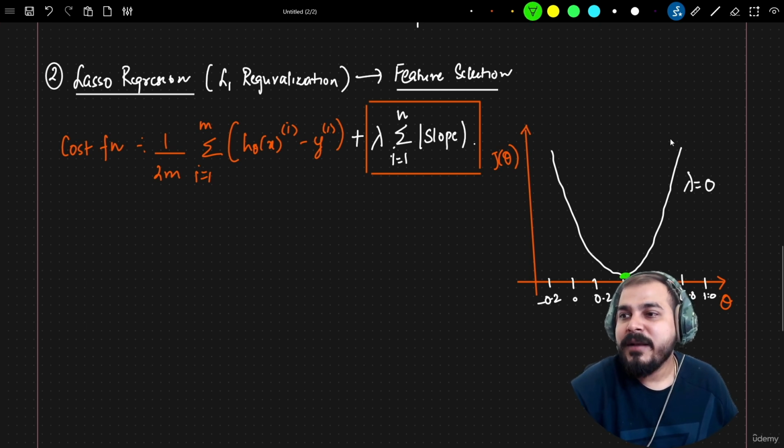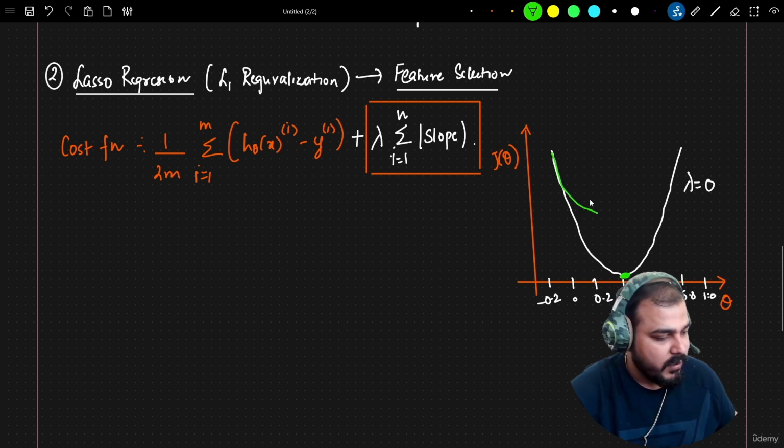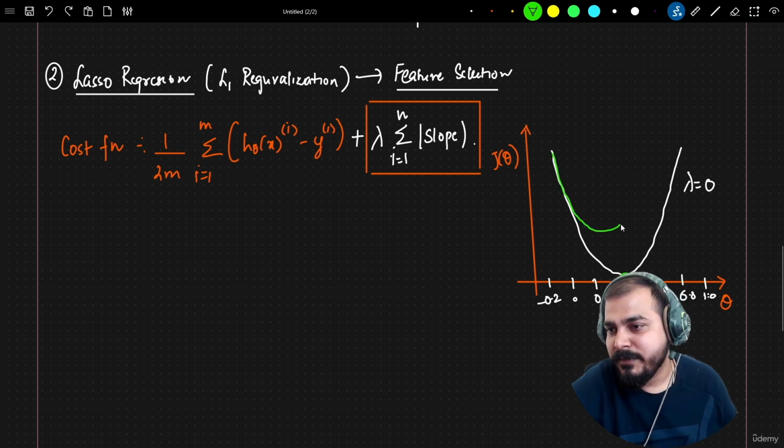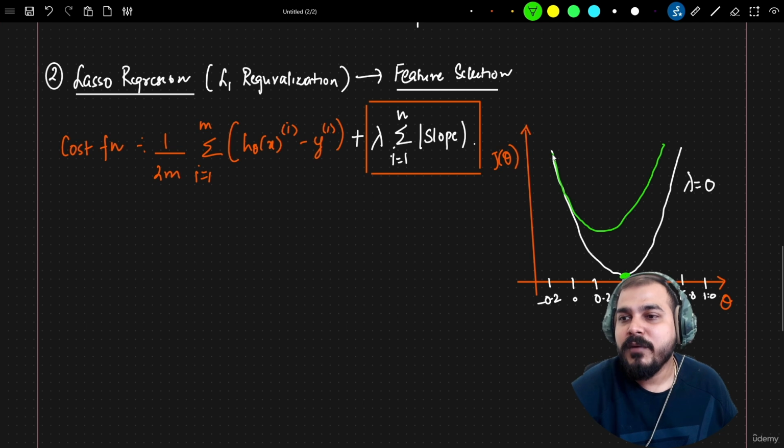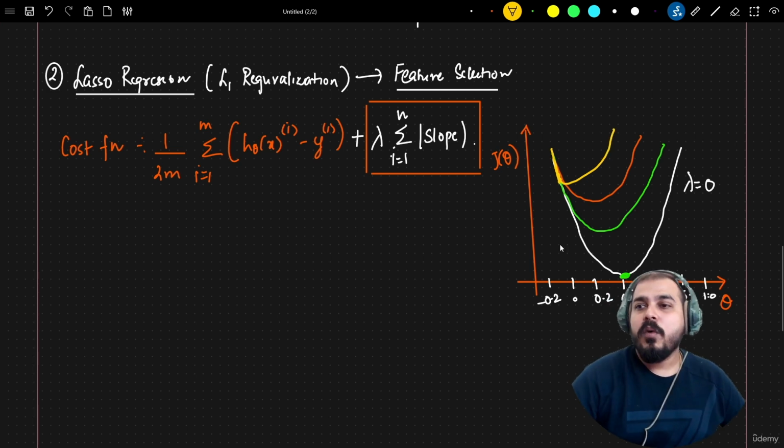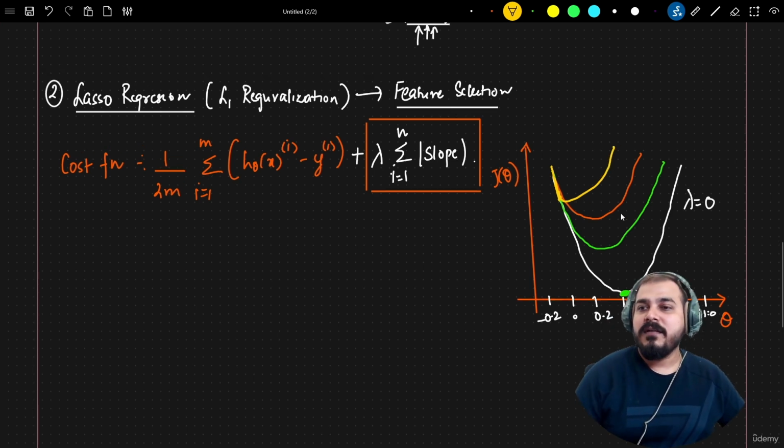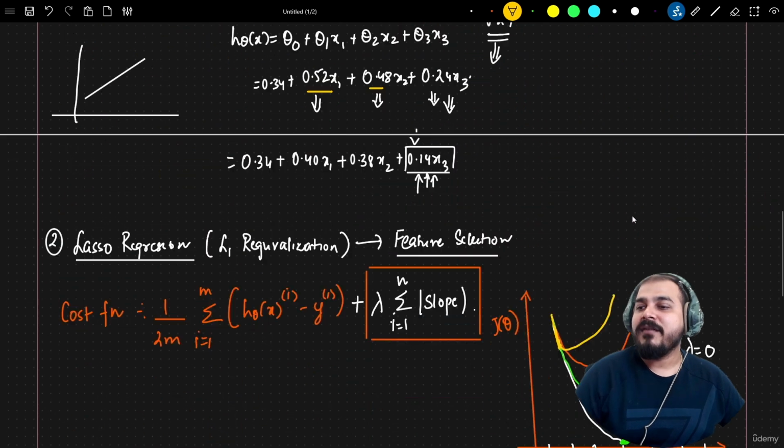Now, what happens when my lambda value increases? Then I will probably get another curve which will look like this. Let me draw this, and then everything will make sense. I may also get one more curve like this, and finally one more curve like this. What is the difference between this curve and the previous curve as my lambda value increases?